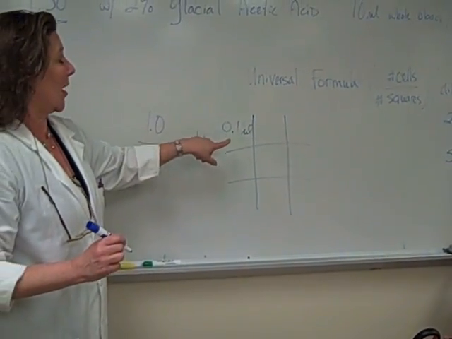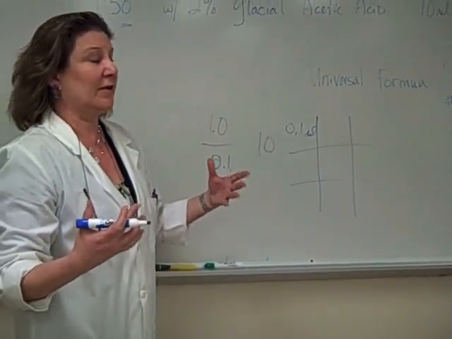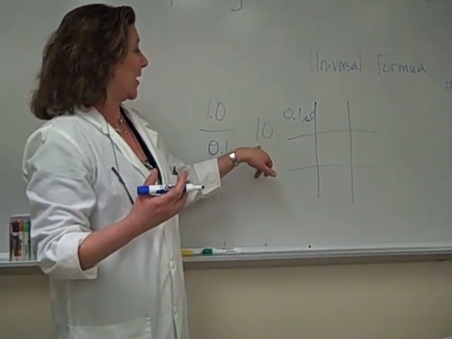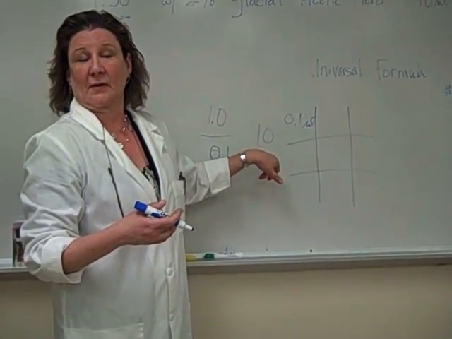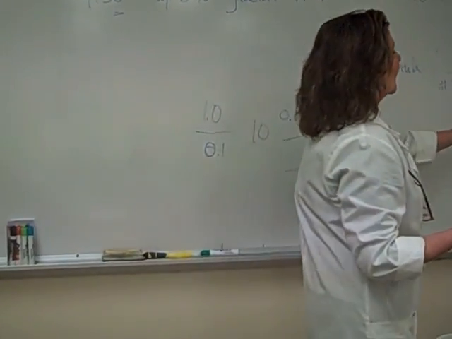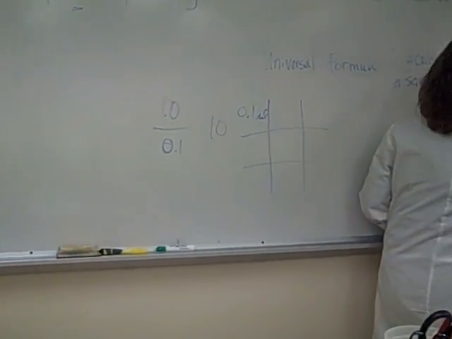So I'm compensating for not counting the whole entire square if I just count 1 square by multiplying my calculation by 10. So the volume correction factor that we're going to use today is going to be 10.